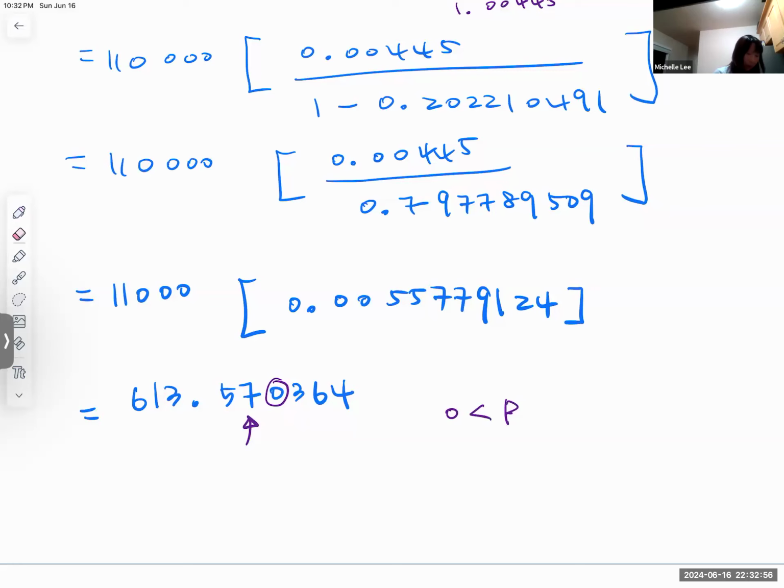Round it down. So we chop the rest. So the answer will be 613.36. So we finished the lesson 1.